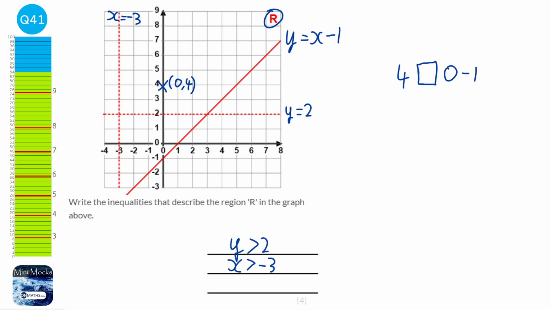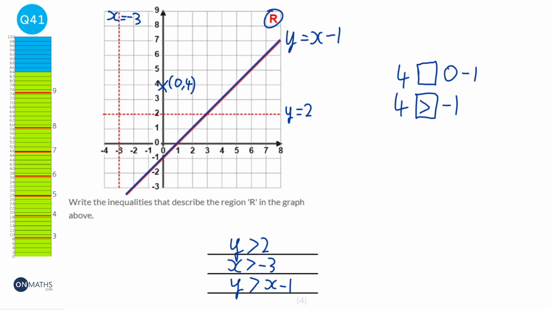And I've got rid of the equals because what we need to do is work out what inequality it's going to be. 0 take away 1 is -1. So what is 4 compared to -1? Well, 4 is definitely greater than -1. So it's going to be y is greater than x minus 1. But if you look, this line is solid. It's a solid line. It's not a dashed line. Therefore, we're going to put a little line underneath it because it can equal it as well.